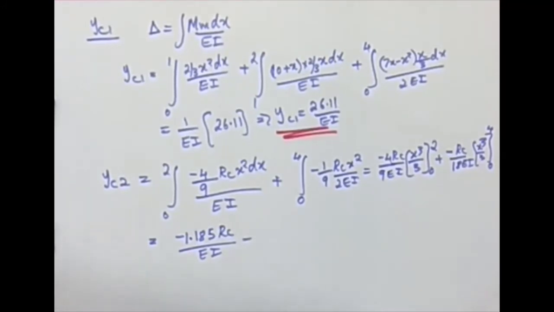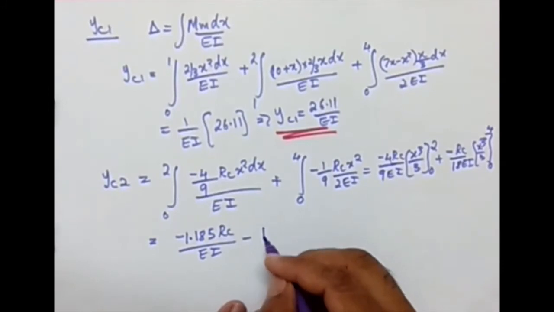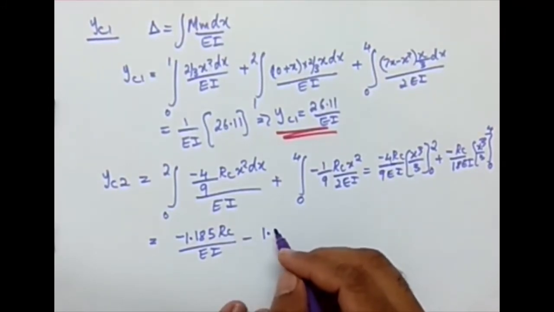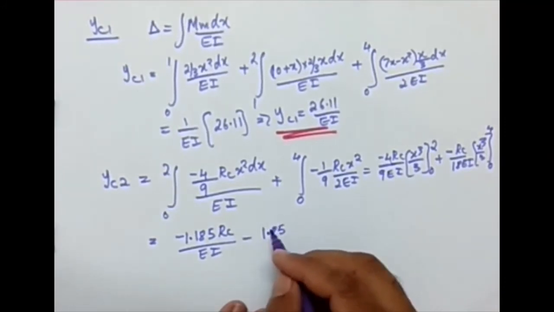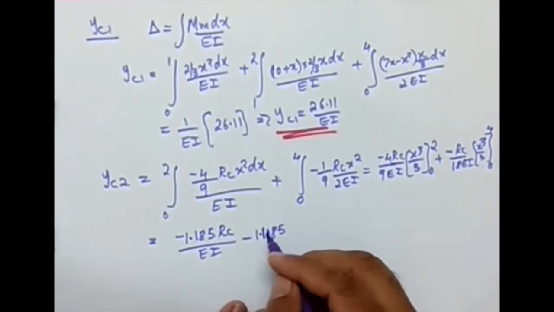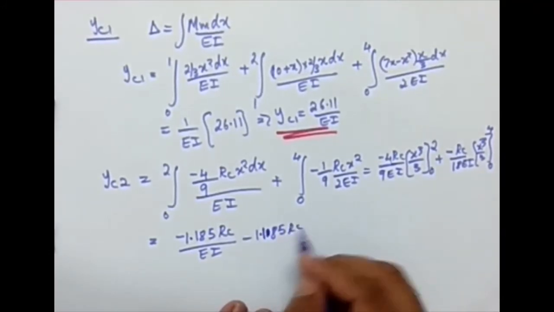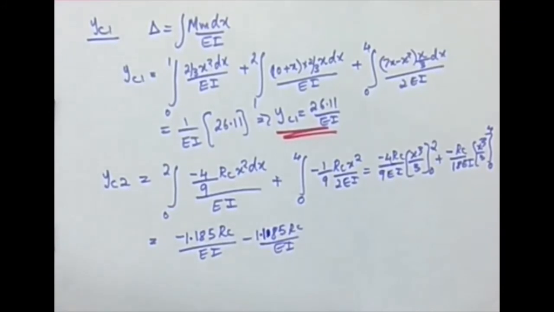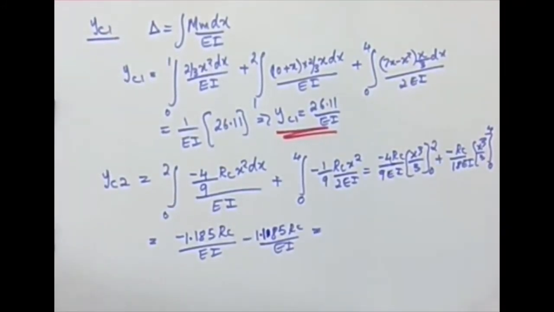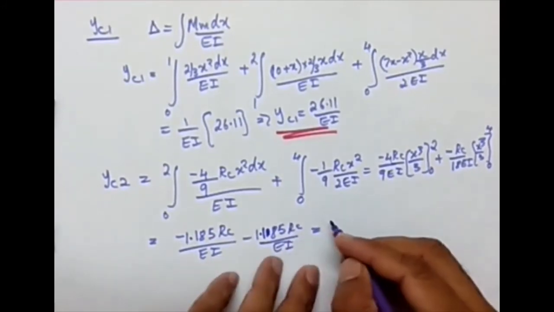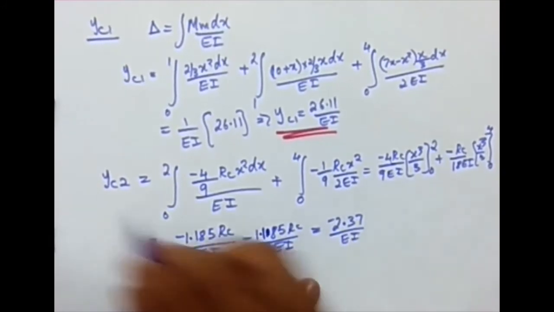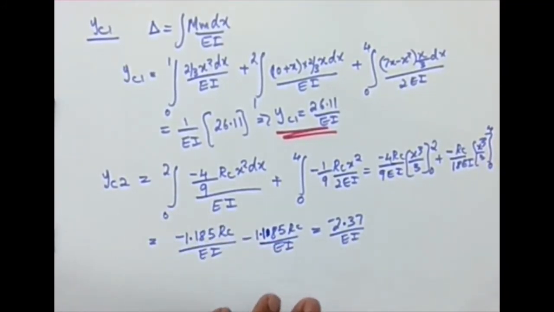So what I'm going to get is again minus 1.185 Rc by EI, right? Both are the same value. So when I calculate it, I'm going to get the final value as minus 2.37 by EI as my yc2.